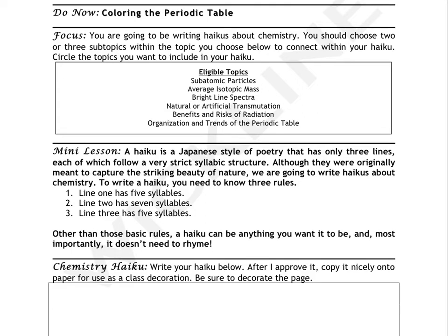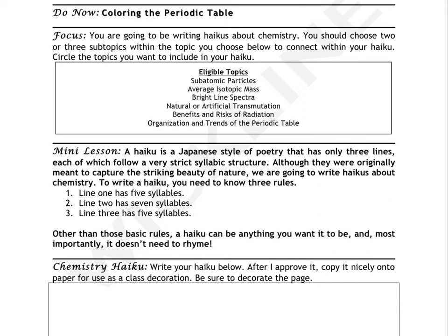Just choose one of them, and then also a haiku has 3 lines, so one thing you could do is have a couple of extra ideas in the haiku, but they need to be related to the overall topic. So for instance, if I choose subatomic particles as the topic for my haiku, I may cover protons, neutrons, and electrons, all of which are subatomic particles.